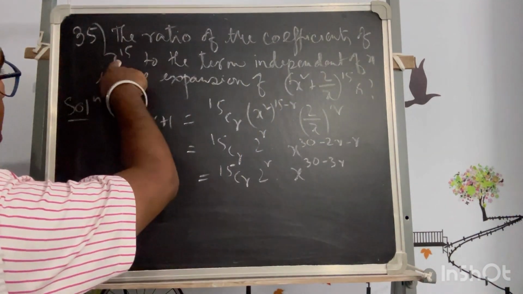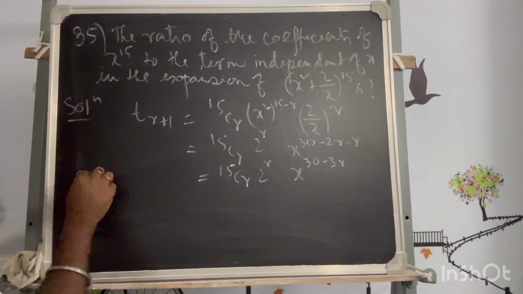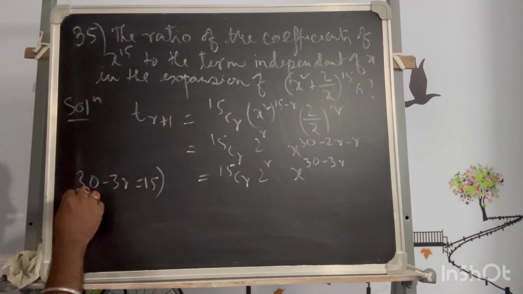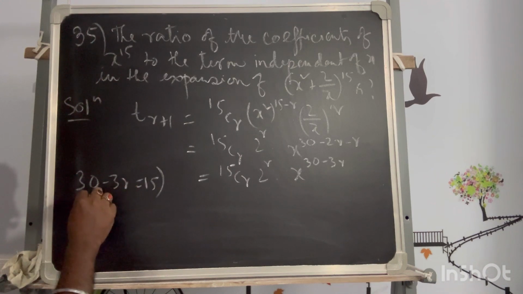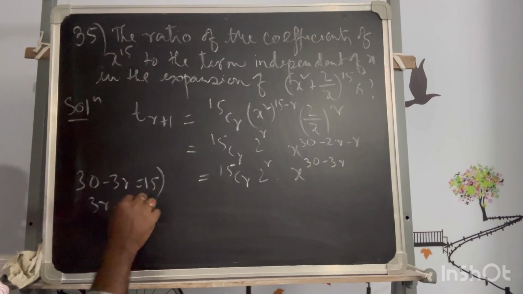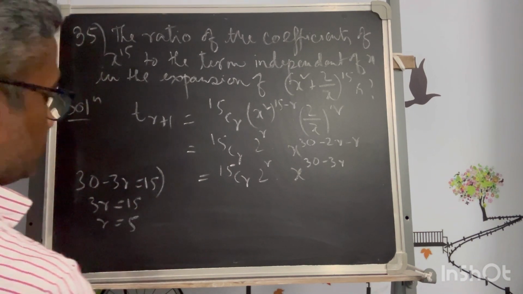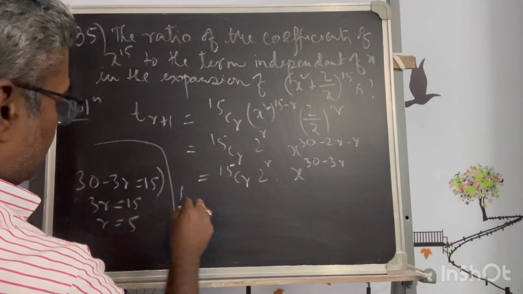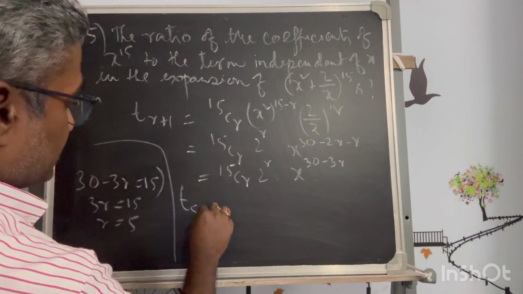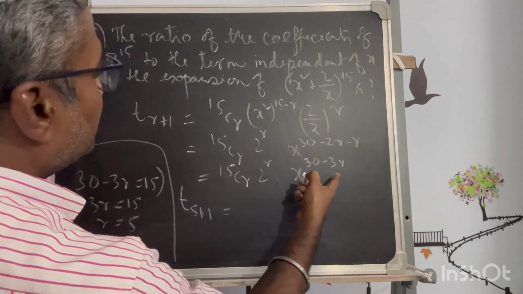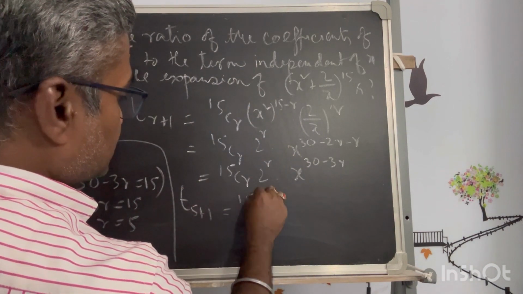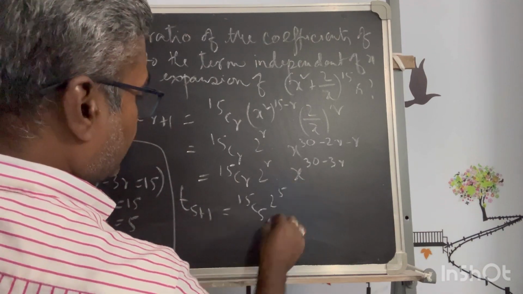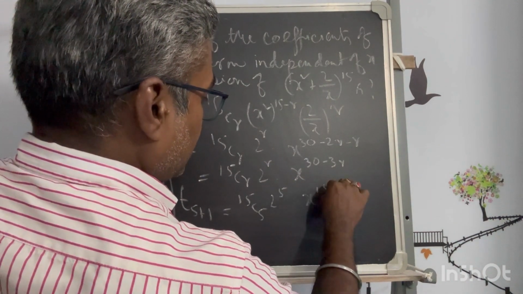Now the ratio of the coefficient of x^15 to the term which is independent of x. So for x^15, 30 − 3r has to be 15, which means 3r = 15 and r = 5. Putting r = 5, the (5+1)th term gives x^15: 15C5 · 2^5 · x^15.